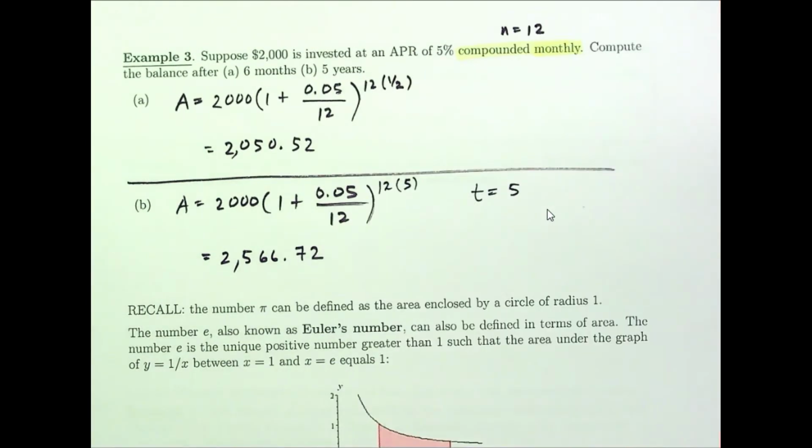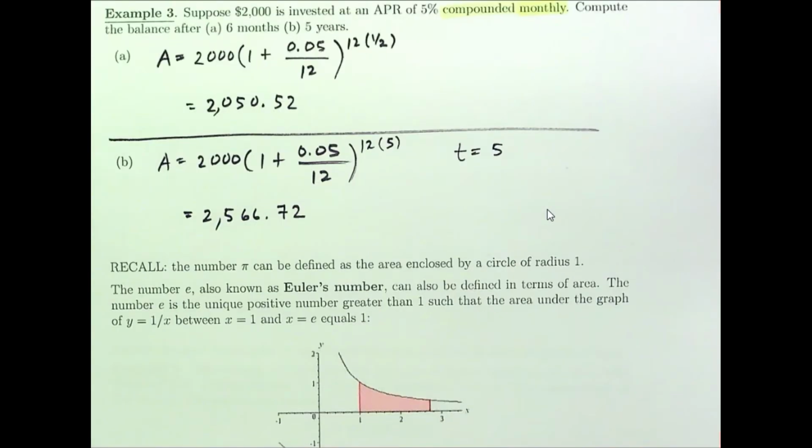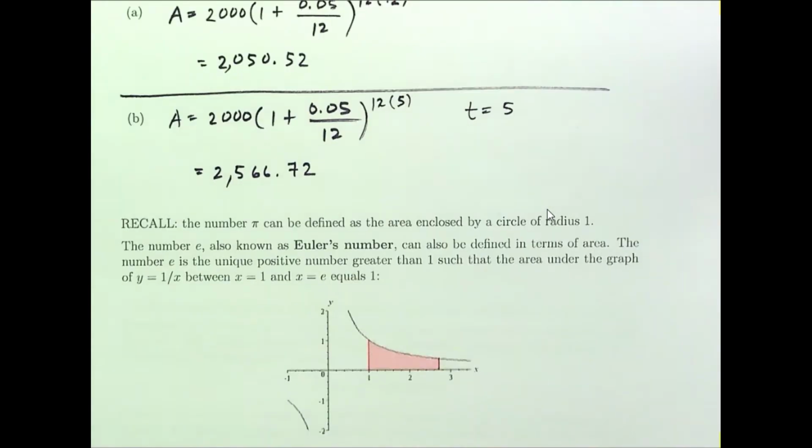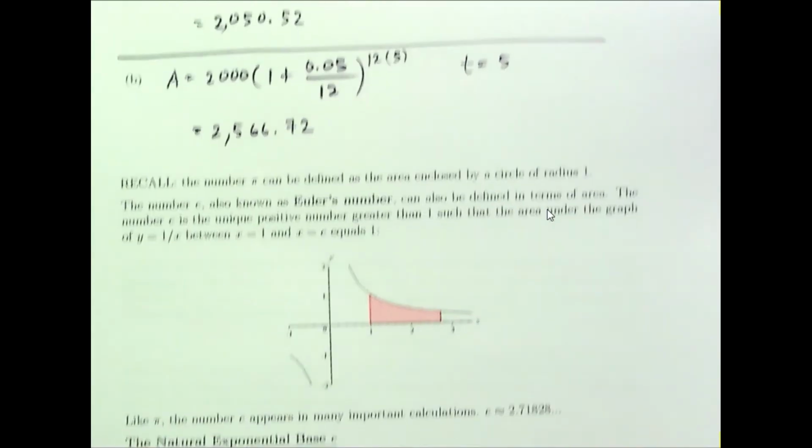So after 5 years, the money is going to grow to 2,566.72.